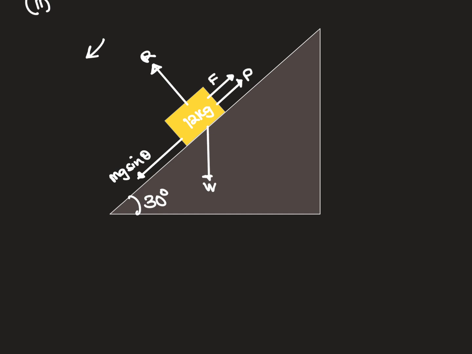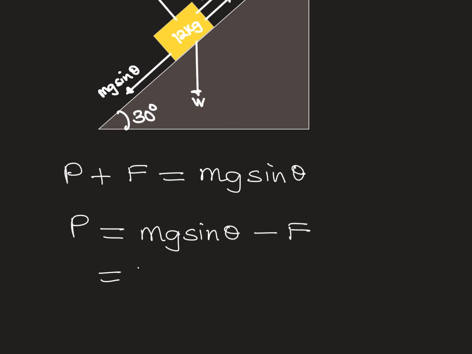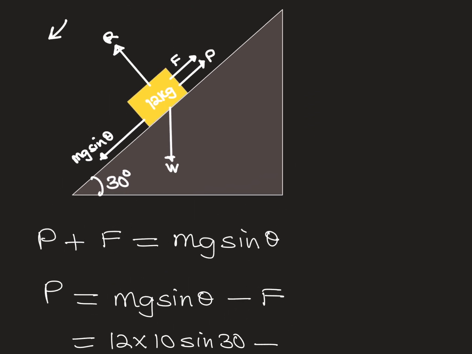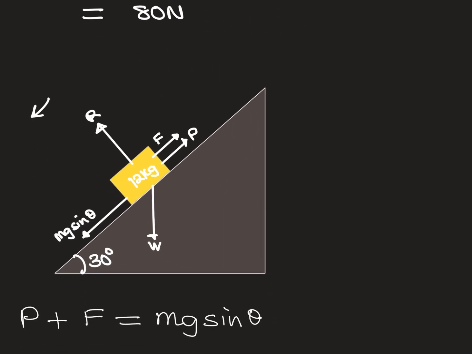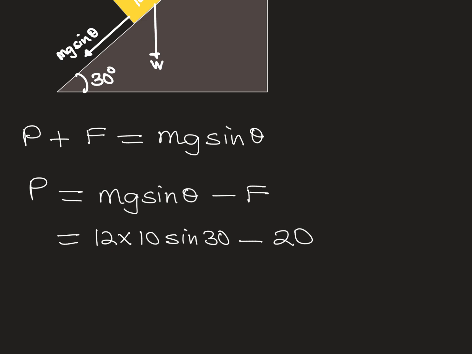That is, we can say P plus F must be equal to mg sine theta. So P is equal to mg sine theta minus F. That will be the mass, 12, times gravity, 10, sine 30, minus the friction, which is given in the question as 20 newtons.